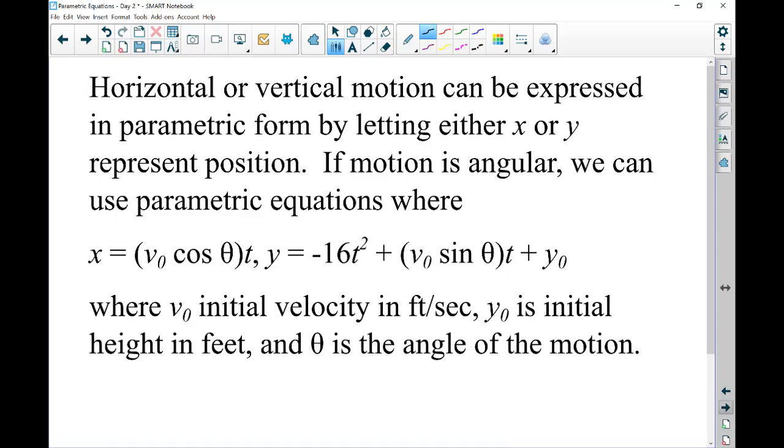However, if the motion is angular, in other words, we're moving both horizontally and vertically at the same time, we can use parametric equations of the form x equals v sub 0 times cosine theta times t, and y equals negative 16t squared plus v sub 0 times sine theta times t plus y sub 0, where v sub 0 is initial velocity in feet per second, y sub 0 is initial height in feet, and theta is the angle of the motion.